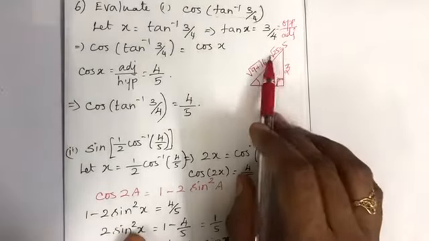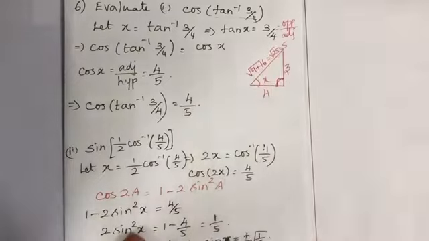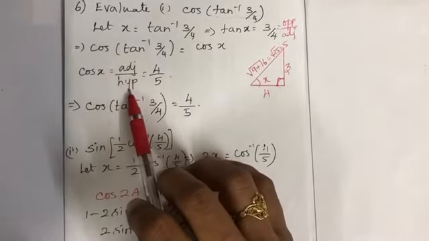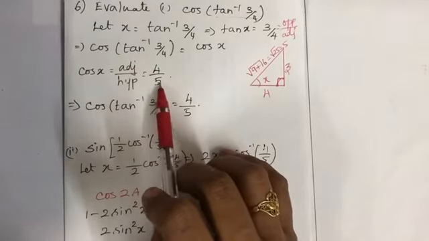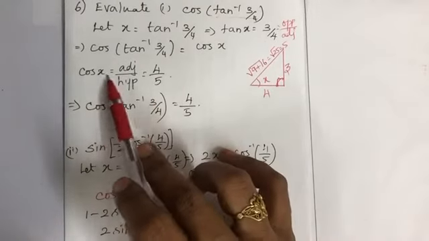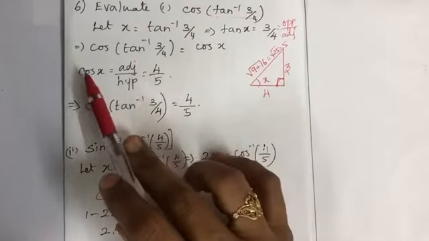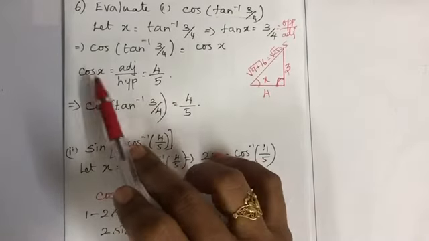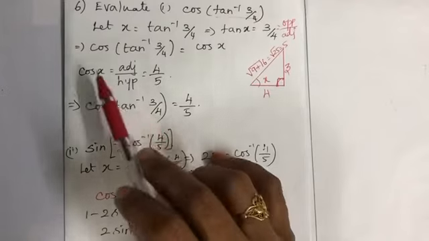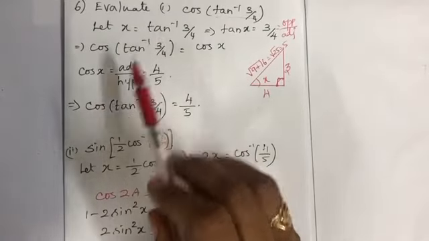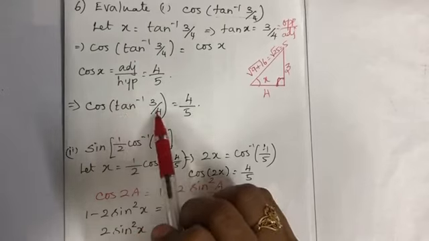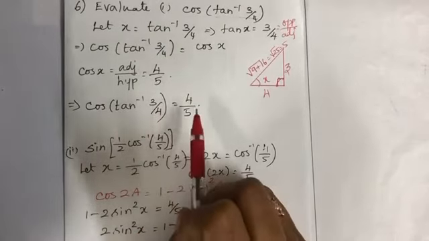That is 5 square and it is equal to 5. So cos x is equal to adjacent by hypotenuse. Adjacent is 4 and hypotenuse is 5. So cos x is equal to 4 by 5, meaning cos tan inverse 3 by 4. Instead of x, we can substitute tan inverse 3 by 4. So cos tan inverse 3 by 4 is equal to 4 by 5.